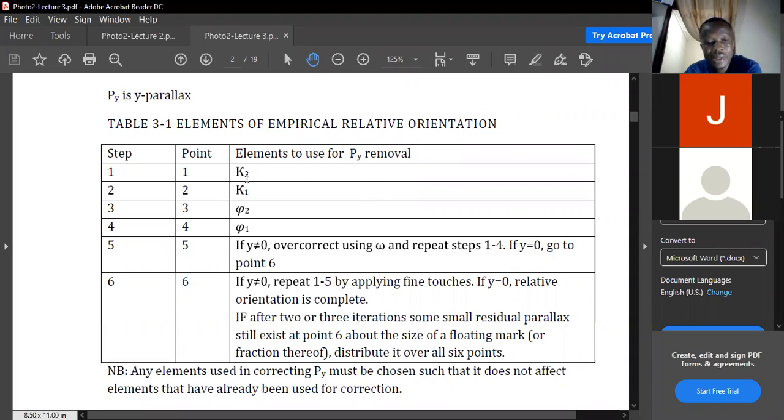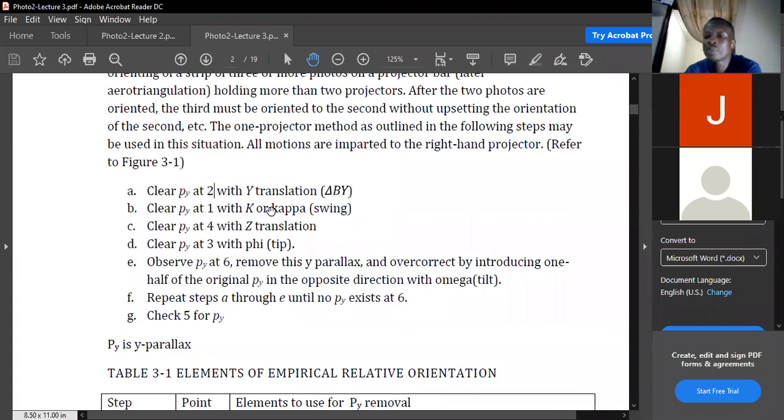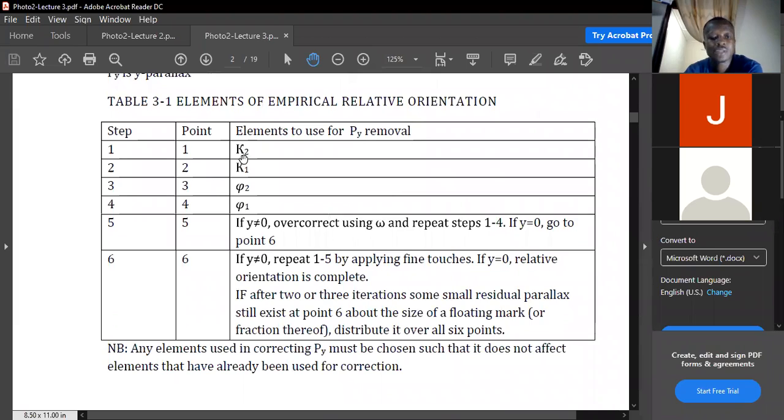Here you can see that up here we are making use of just one projector to get rid of the parallax. Down here we are making use of the left projector, which is projector 1, and projector 2. So pay attention: projector 1 is to the left.